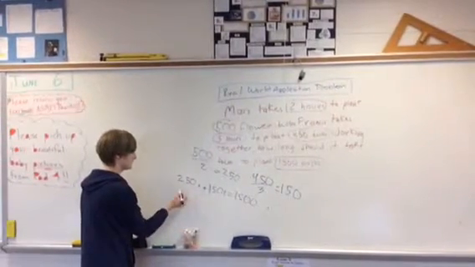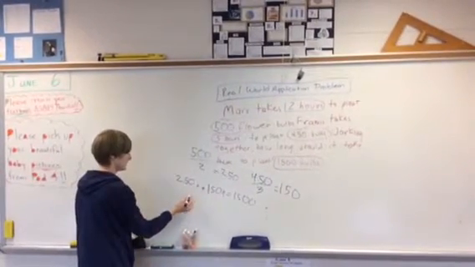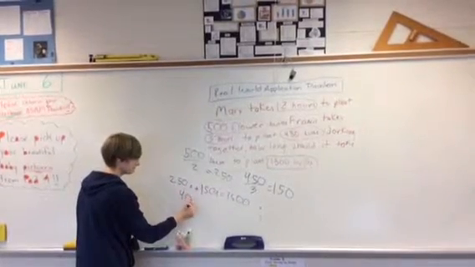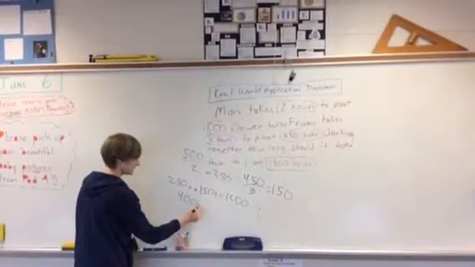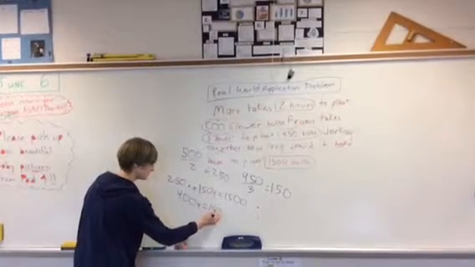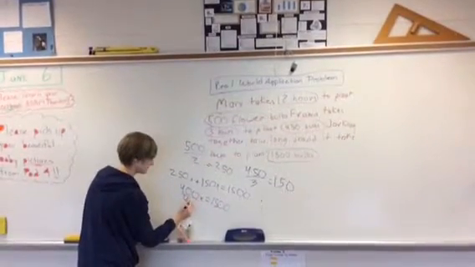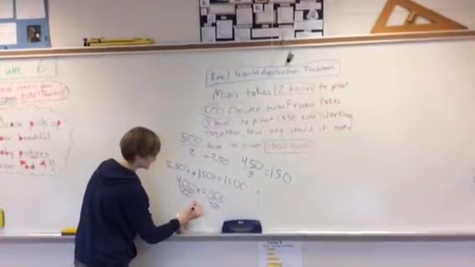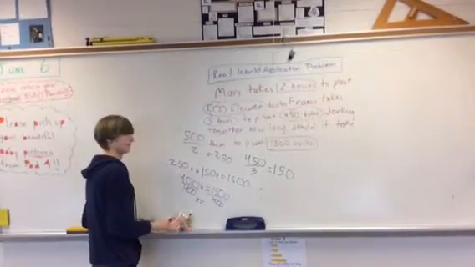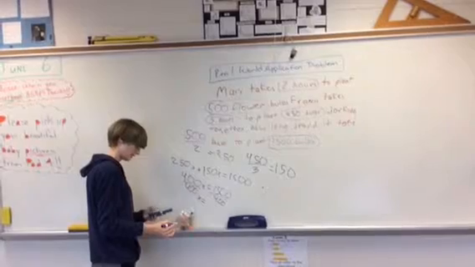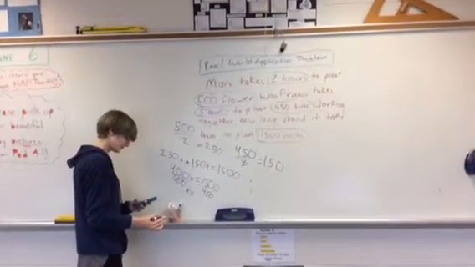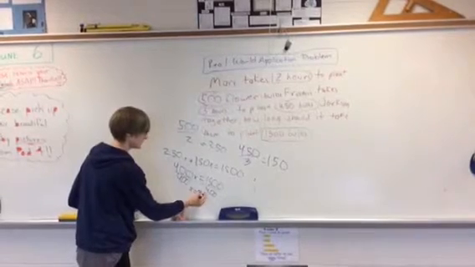Then you add these, simplify, and you get 400x equals 1,500. You divide both sides by 400, and then x equals 3.75.